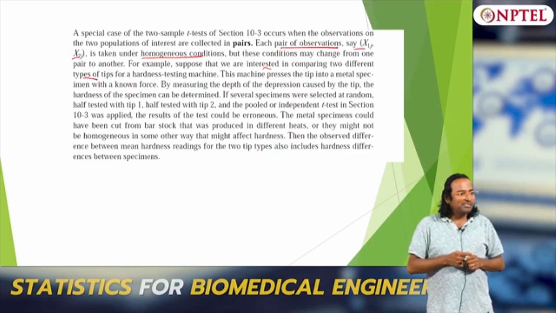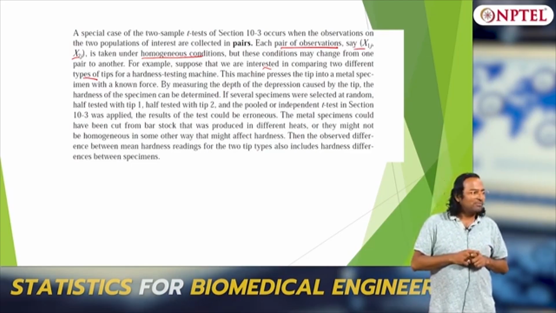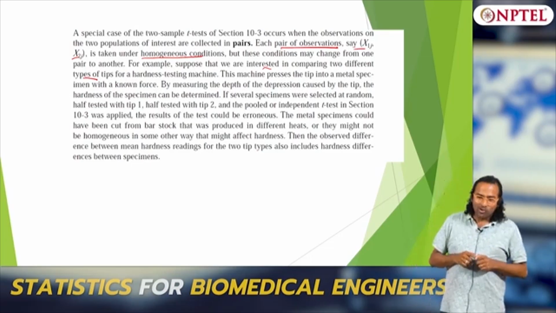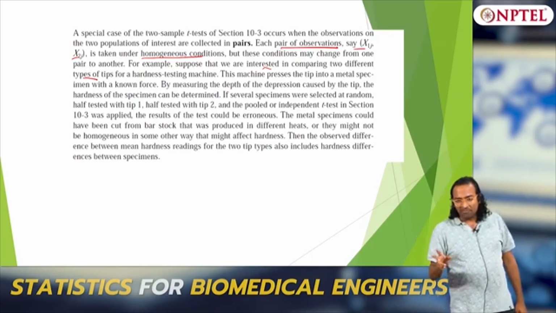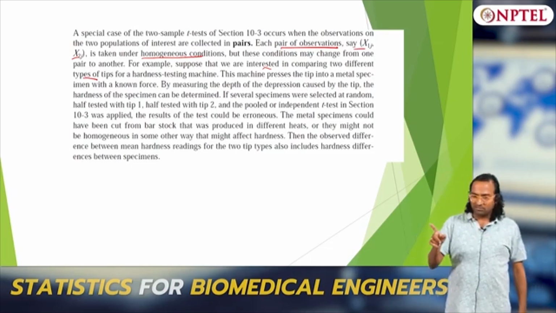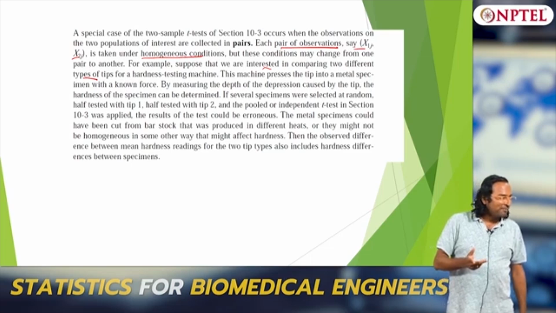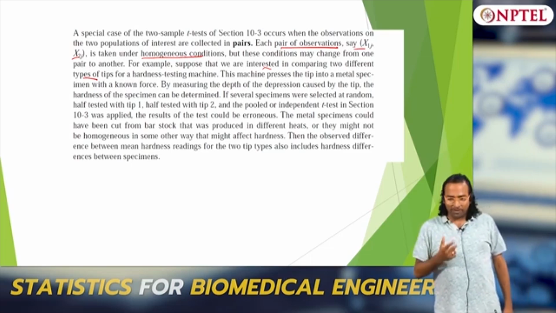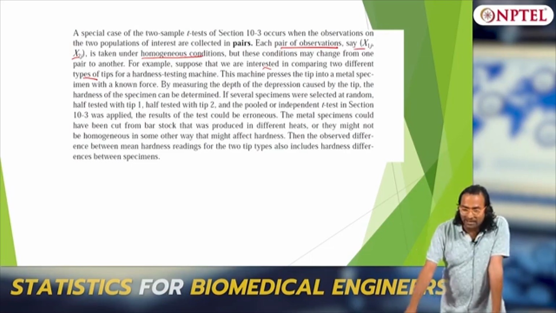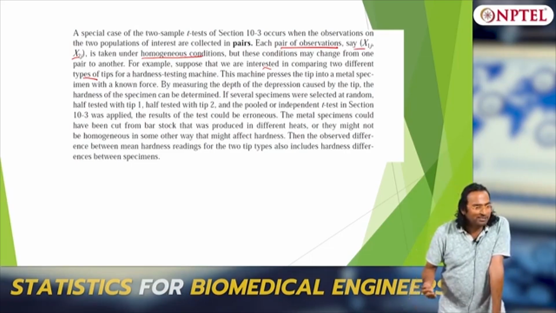So many companies make needles. Now you want to compare which one to buy, and they are not all the same cost. Each one has its own pros and cons. So now we want to compare these kinds of needles, let us say.